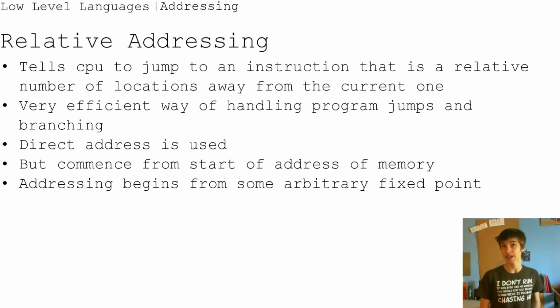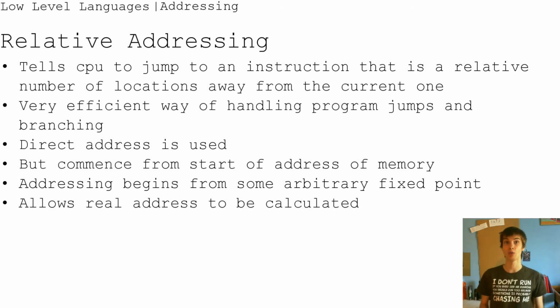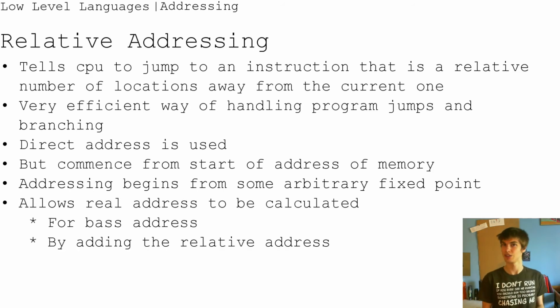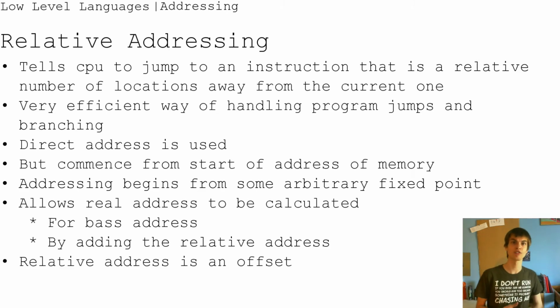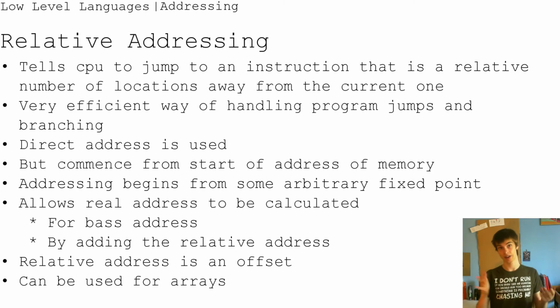The addressing begins from some arbitrary fixed point, and the real address is calculated from the base address and the relative address. The relative address is an offset. Relative addressing can be used for arrays.